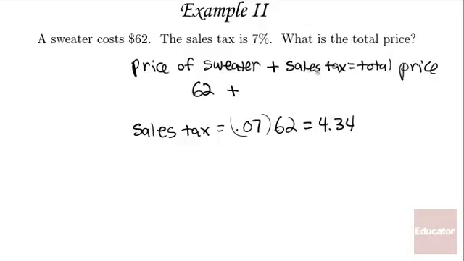Going back to the equation, the price of the sweater plus the sales tax, $4.34, gives me the total price. Adding those up, it's $66.34. So this is actually a percent increase, because this final number, 66.34, is greater than the original number, 62.